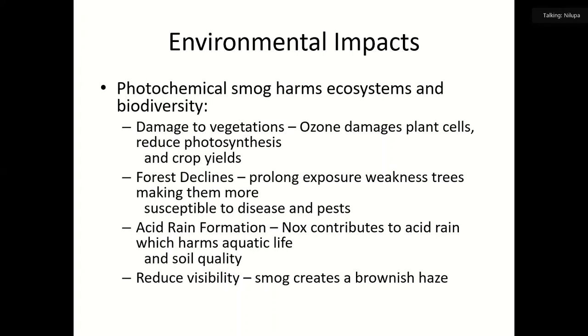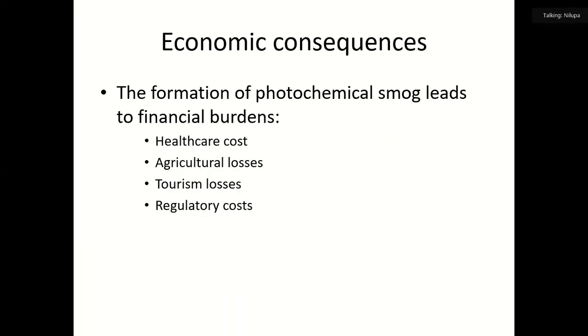Forest decline: prolonged exposure weakens trees, making them more susceptible to disease and pests. Acid rain formation: NOx contributes to acid rain, which harms aquatic life and soil quality. Reduced visibility: smoke creates a brownish haze. Economic consequences. The formation of photochemical smoke leads to financial burden: healthcare costs, agricultural losses, tourism losses, regulatory costs.